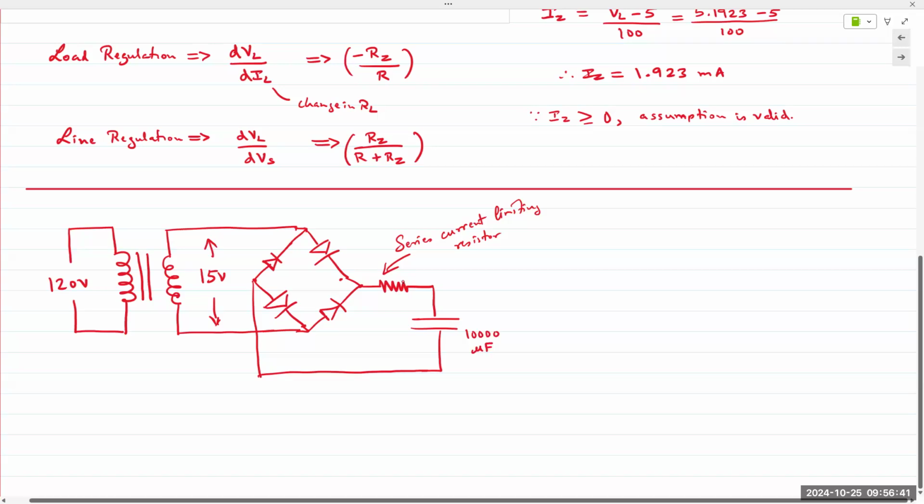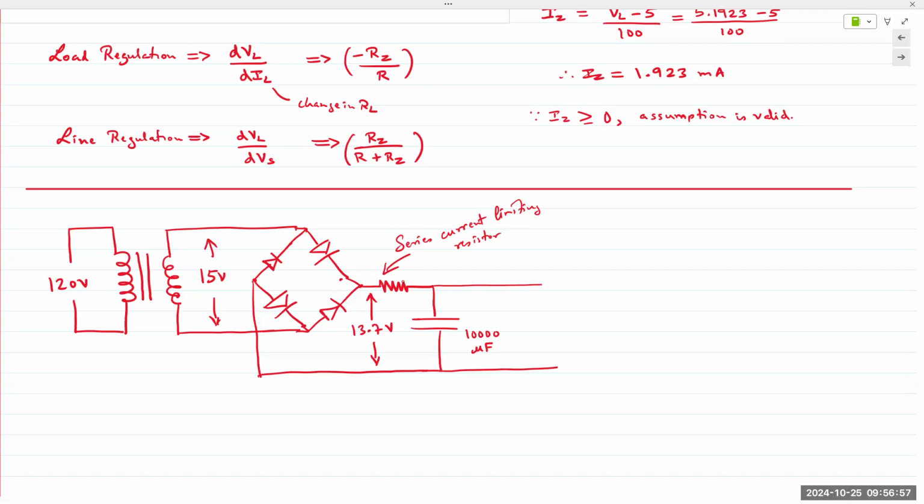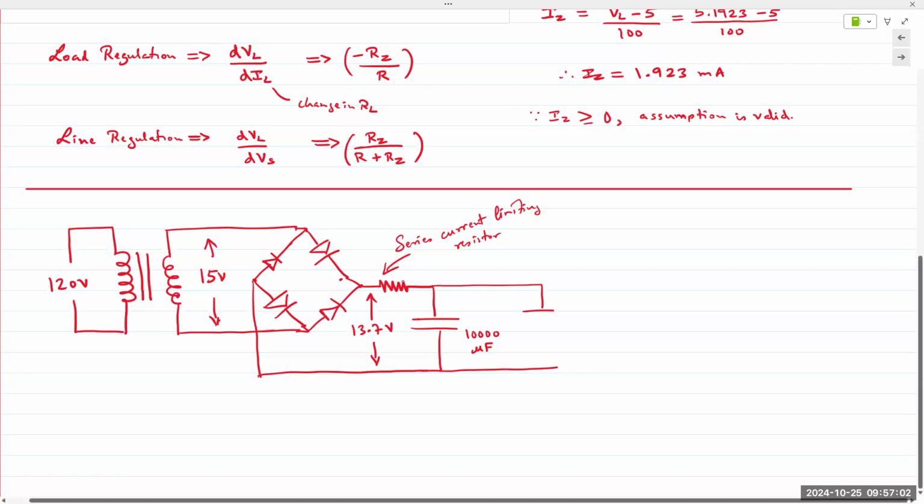The output of the bridge rectifier would be approximately 13.7 or 13.8 volts. Goes into the capacitor, which reduces the AC ripple. Let's say ripple was about 100 millivolts. And then we connect our Zener diode.